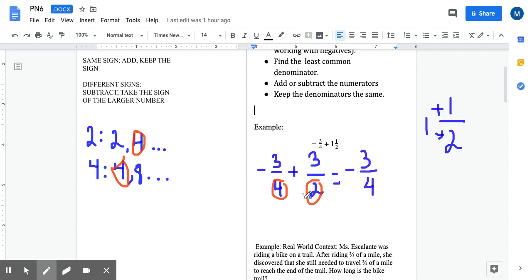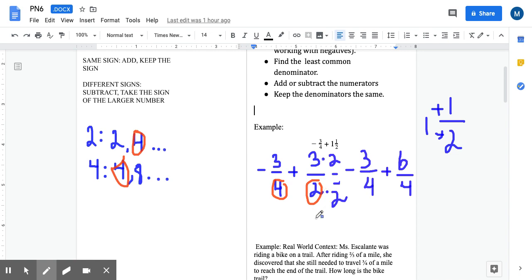This fraction has to change because it doesn't have the denominator 4. Well, ask yourself, what do I multiply 2 by to get 4? 2. And what do I have to multiply the top by? The same thing. So my new fraction is going to be 6 over 4.